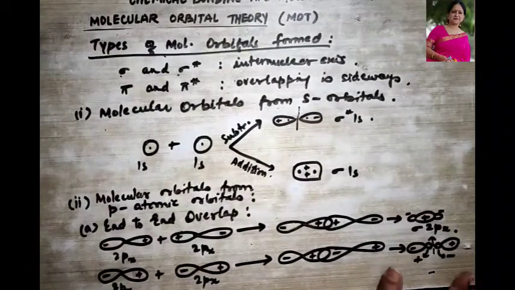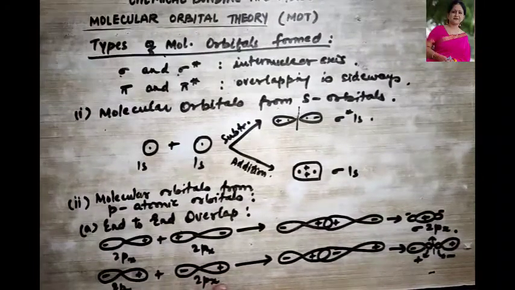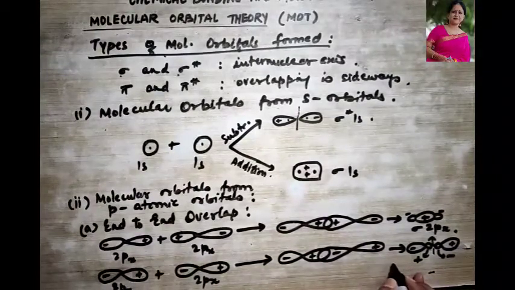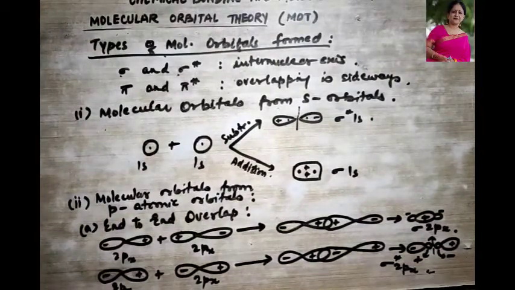So this is the molecular orbital. Okay, and here it shows head on approach, and these are the atomic orbitals, and this forms what? This forms your sigma star or antibonding 2px.